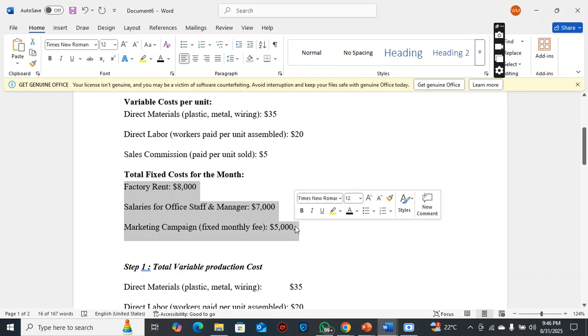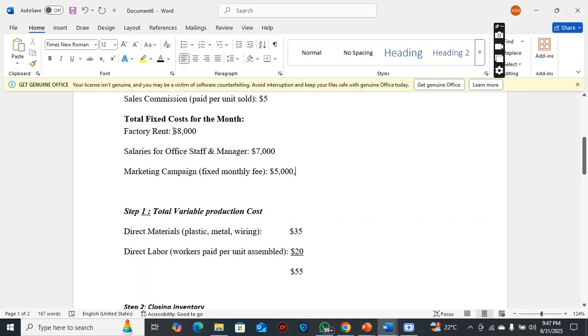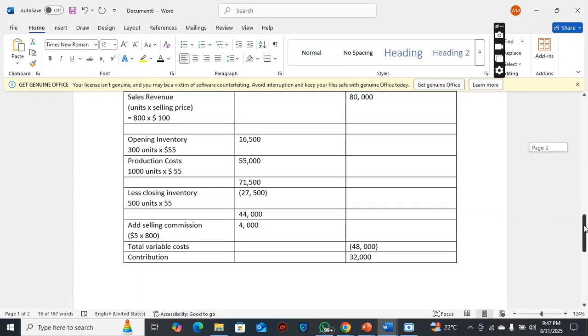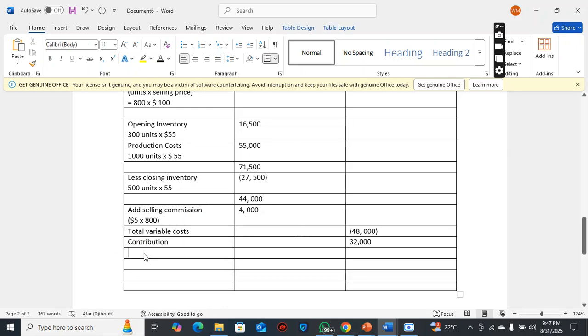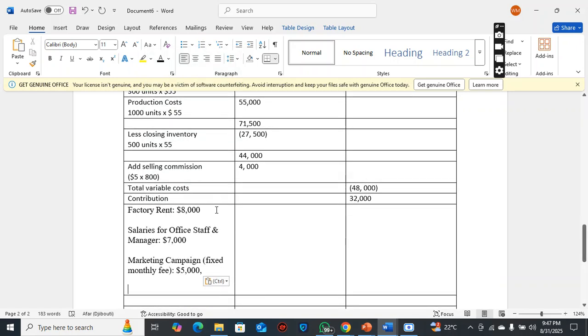Rent, salaries for office staff and manager, marketing campaign. All of these are written off in the period they are incurred. So these were incurred in October, so we include them. Factory rent 8,000.